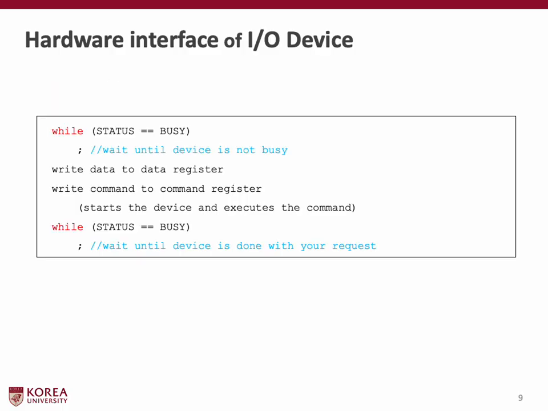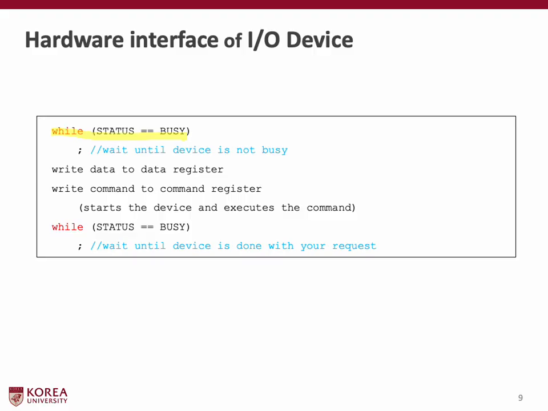Okay, on the next slide, here is a simple example of how the operating system can communicate with the I/O device by using its registers. First, the operating system checks the status register in a loop until the device is not busy.